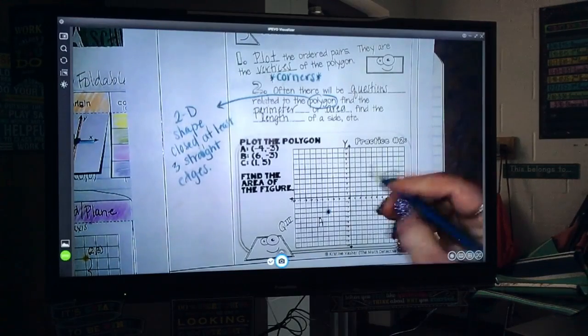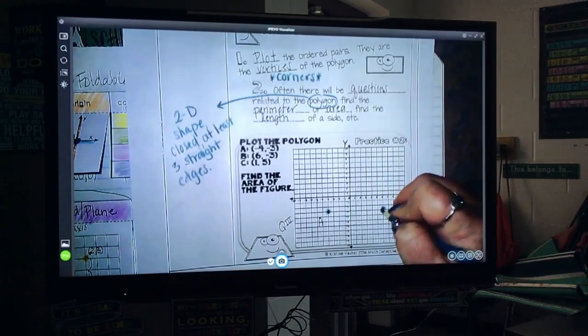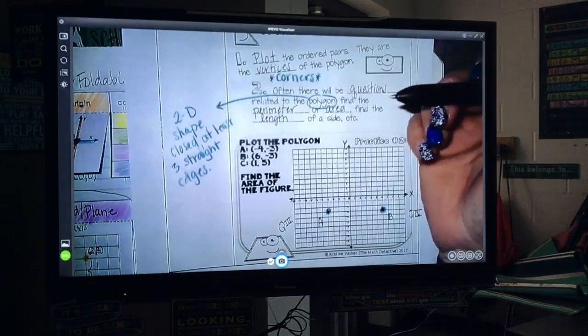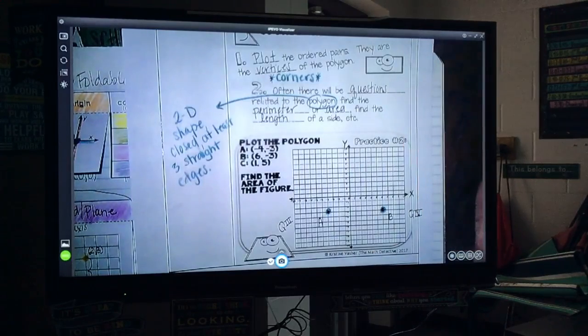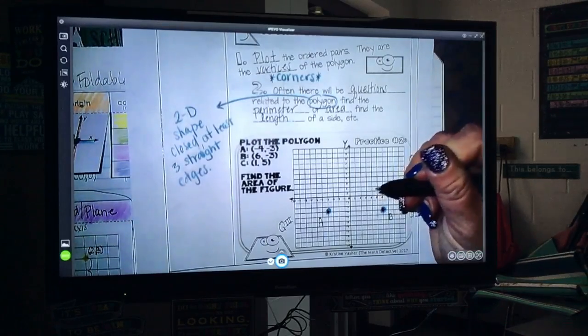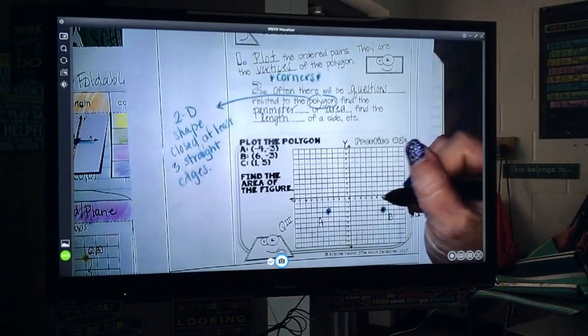Alright, that is going to be B. And then, alright, Caleb. Letter C is in quadrant 1, and you go over to the right 1 time, then you go up.